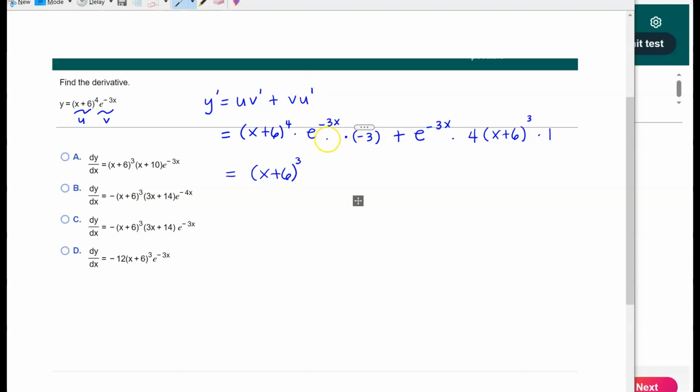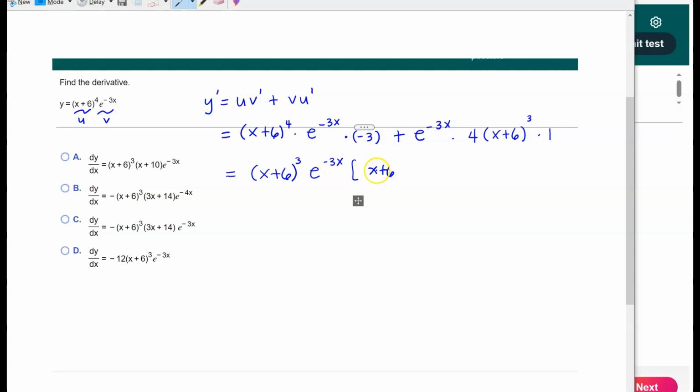What else? E to the negative 3x is also a common factor. So you copy e to the negative 3x. Then you see which one is left. So after I factor x plus 6 cubed here, I would have x plus 6 left. So I would have x plus 6 still.